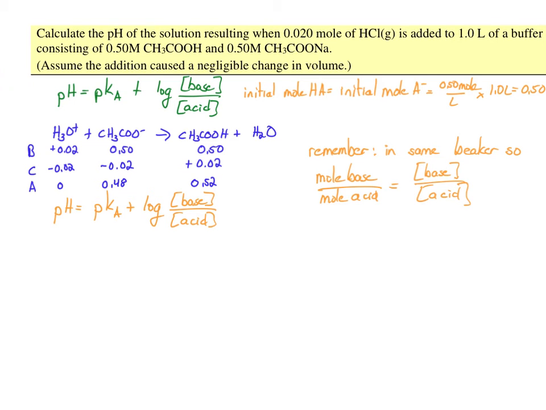When we use the Henderson-Hasselbalch equation, we can remind ourselves that the ratio of the moles of the base to the acid is the same as the ratio of those concentrations because they're both in the same solution.